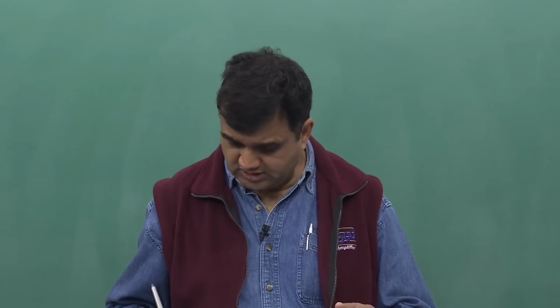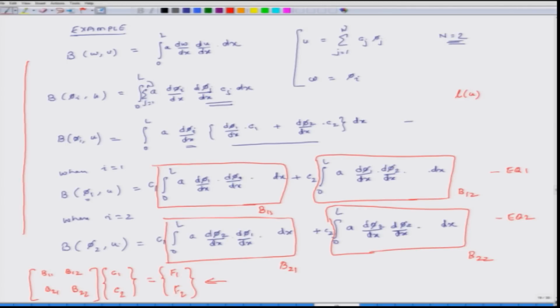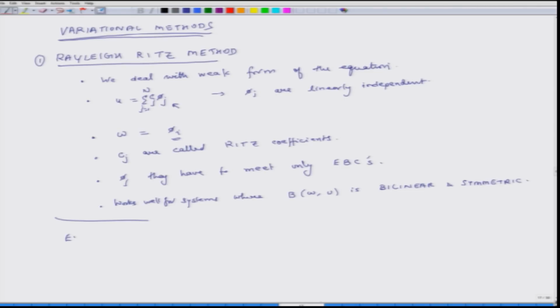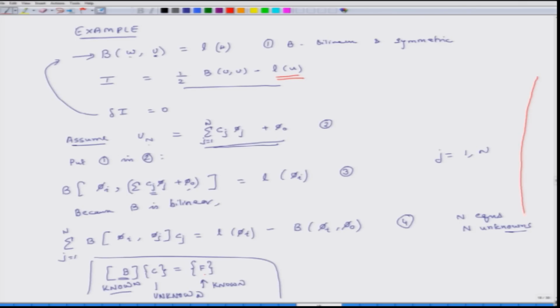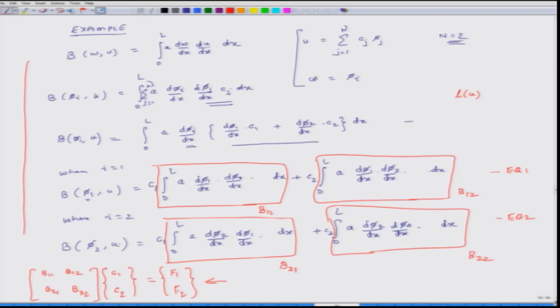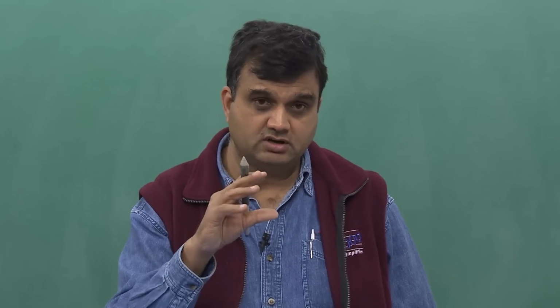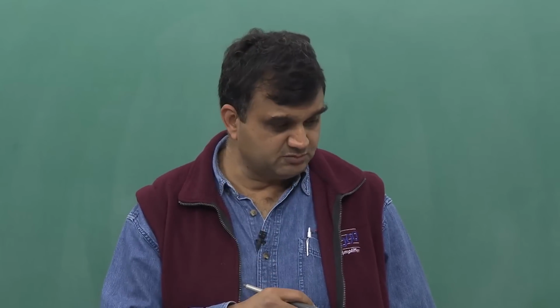Initially we discussed everything in a very abstract sense, where we said that we will get a set of equations B times C equals F. Then we made it more tangible, and for n equal to 2 we computed the values of B11, B12, B22, B21 and also F1 and F2. In the next example we will do a real equation and solve for some of these terms.